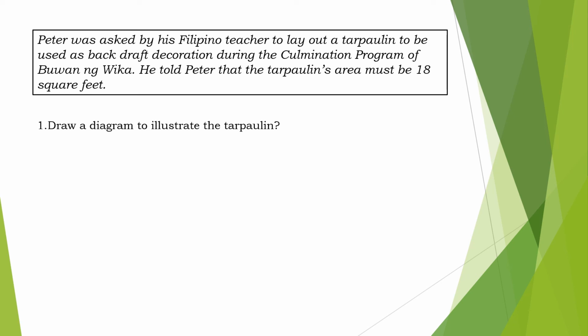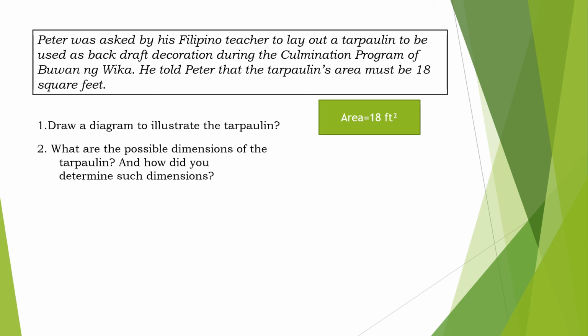So, let's have a tarpaulin that is a rectangular in shape with an area of 18 square feet. So let's draw it. So ito yun, area is equal to 18 square feet. So that is the area, a rectangular shape.